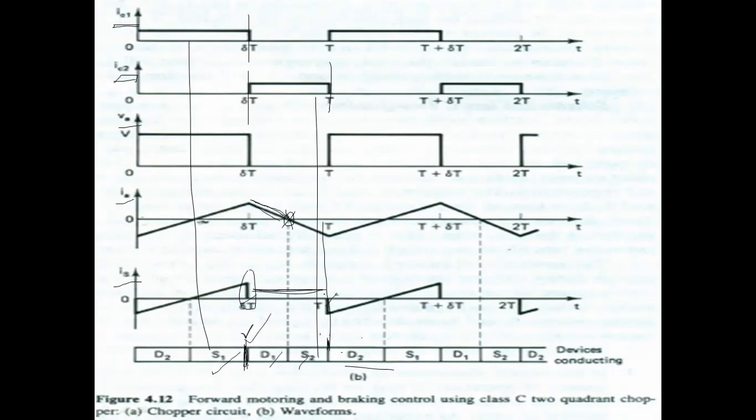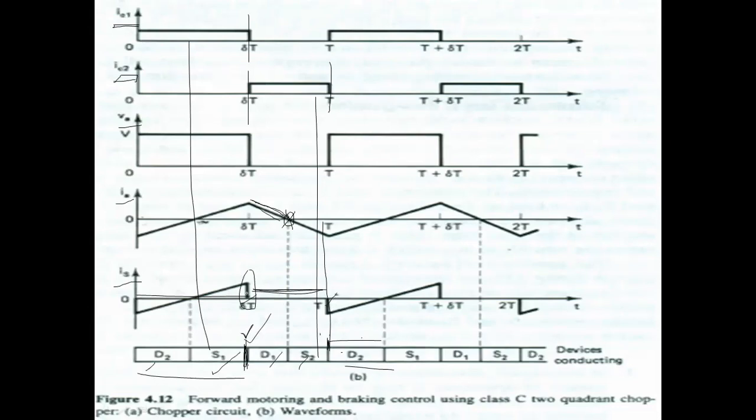That is the interval which again can be taken as 0 to delta T. If you observe, I can take this interval from here also, or from here also. I am considering the first one, it will be easy. So from 0 to delta T, the energy transfer interval will exist.